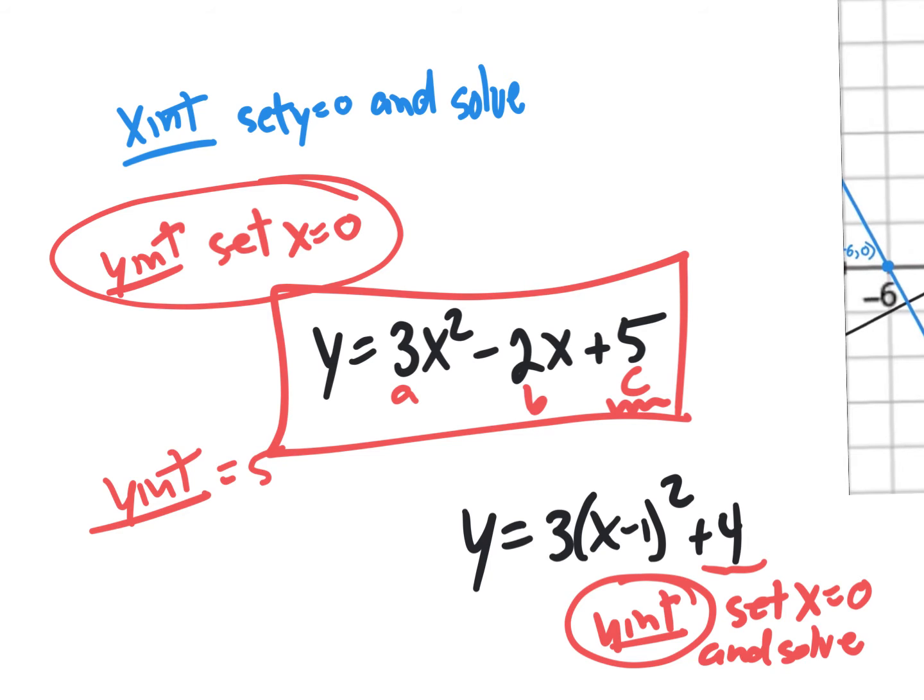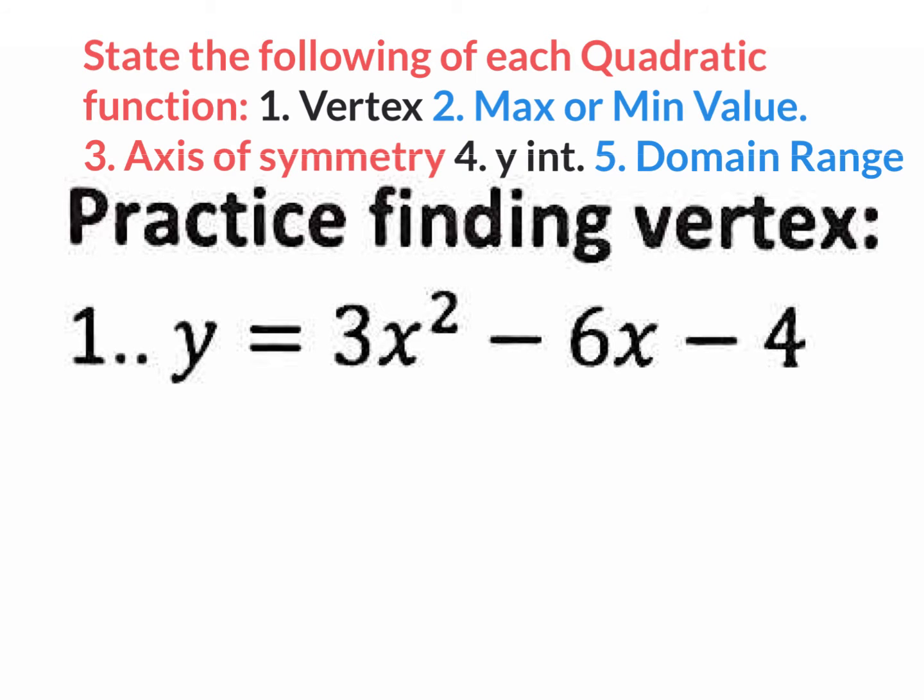I hope you guys are following along and understand this, because you will have to answer all these types of questions on Friday's quiz. So the goal for this lesson is for you to look at a standard form ax squared plus bx plus c quadratic trinomial equation, and not only find the vertex, but state whether it's a maximum or minimum value and what that value is.